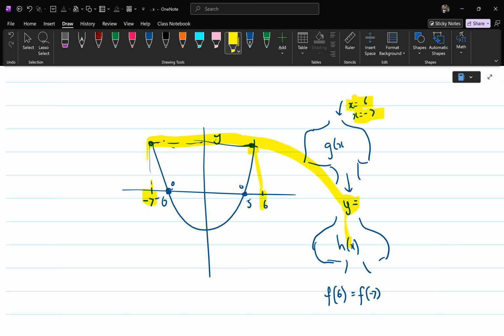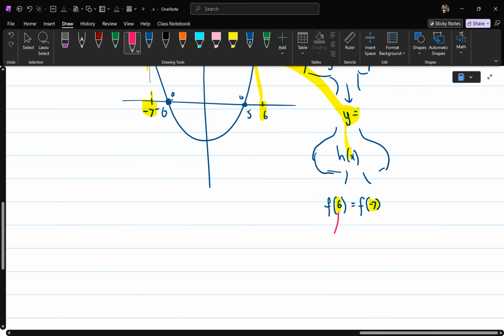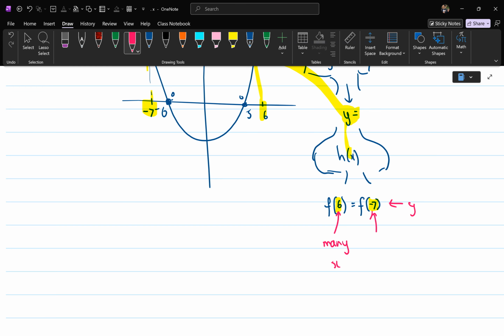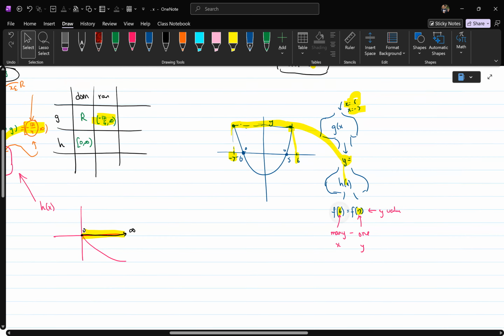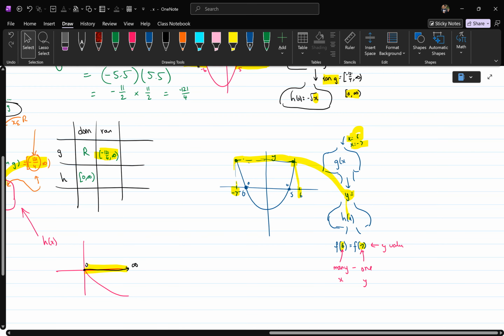So when you sub it in, even though it started off with a 6 there, you'll actually end up with the same value. So that's a problem, because that means you had many x's. See, it's different x's, and you end up with exactly the same y value. So it's many to one. It's a many to one function. So clearly it's not a one-to-one based on what we can see so far.